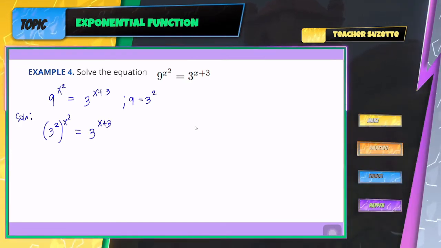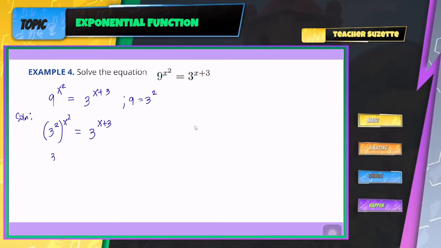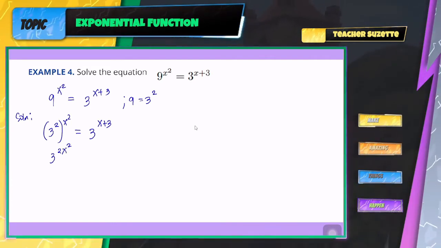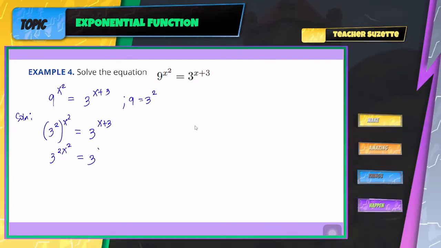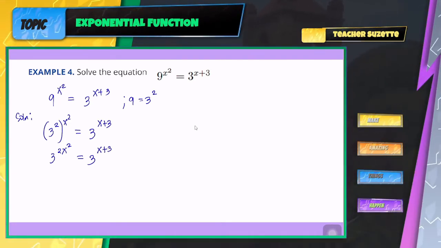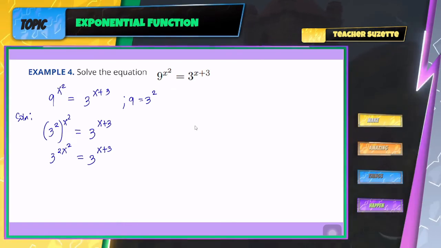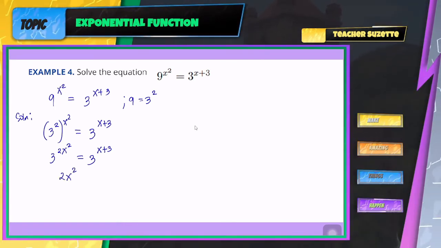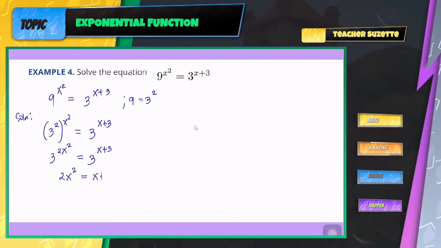Then, simplify lang natin. Alisin natin yung parenthesis symbol. You will have 3 raised to 2 times x squared, or 2x squared, equal to 3 raised to x plus 3. Ayan, we have now same base, one-to-one property. So, you will have 2x squared is equal to x plus 3.